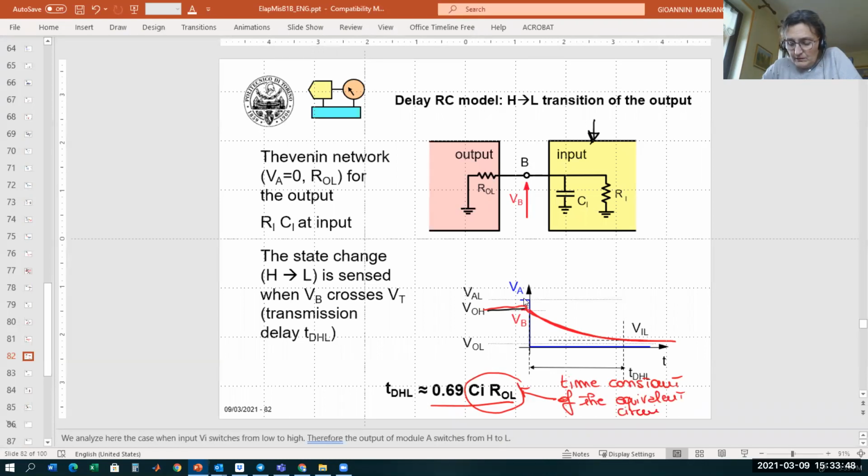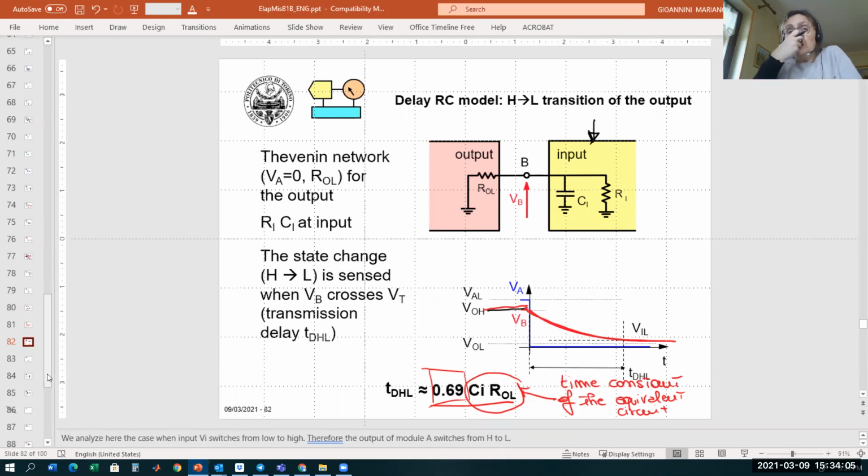And then you always have to multiply this time constant by 0.69. Clear? Do I answer you? Okay.